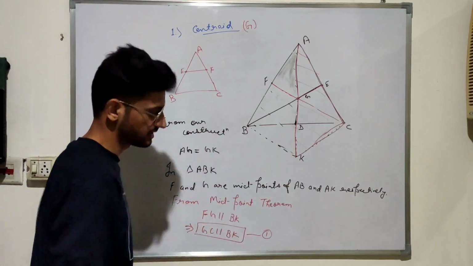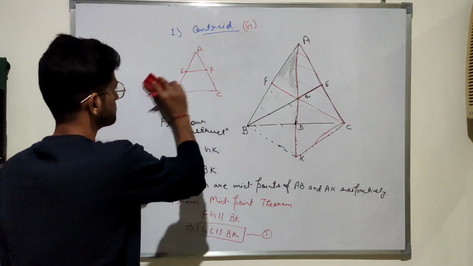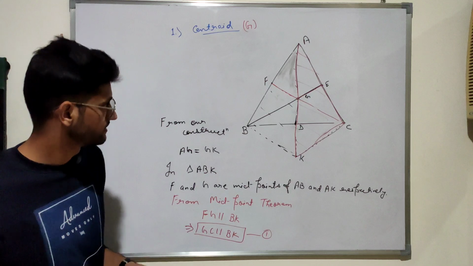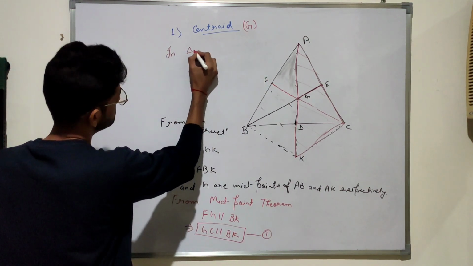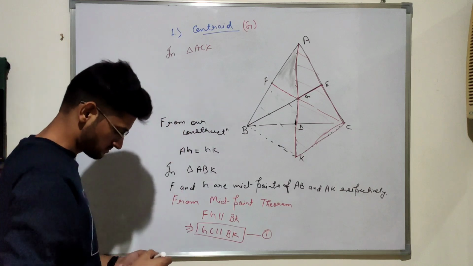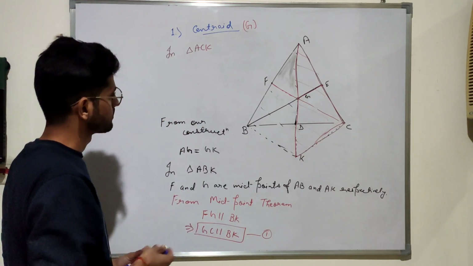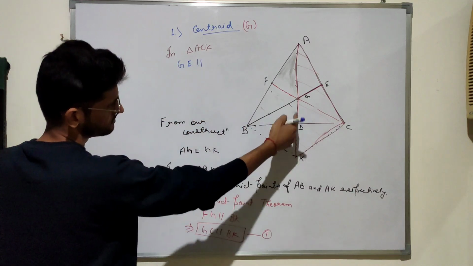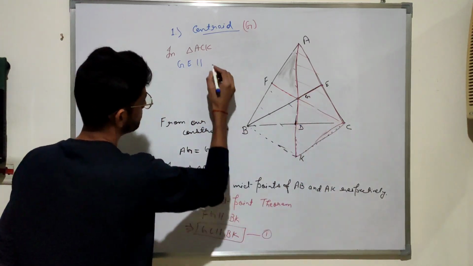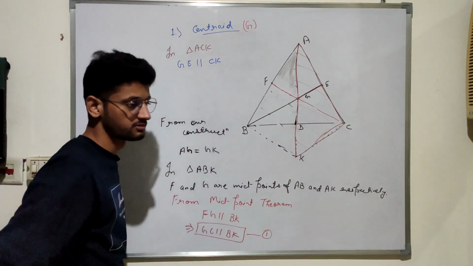Similarly, in triangle ACK, GE is going to be parallel to CK from the midpoint theorem.